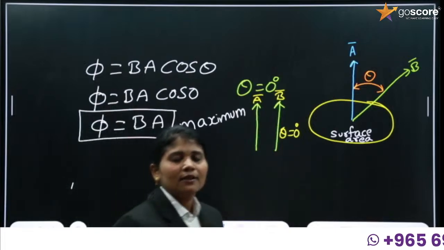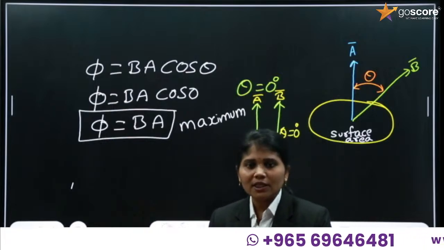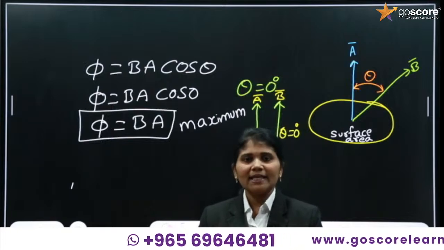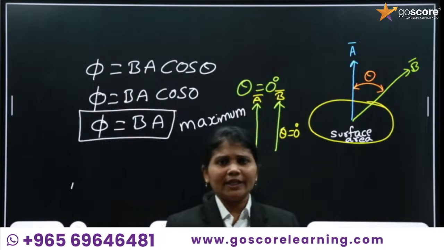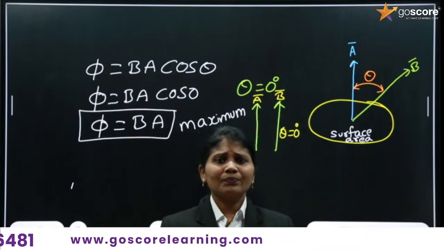Okay, understand, guys? So what is the flux? Flux is equal to BA cos theta. It is a dot product. Is it a scalar quantity or anything else? It is a scalar quantity. How?